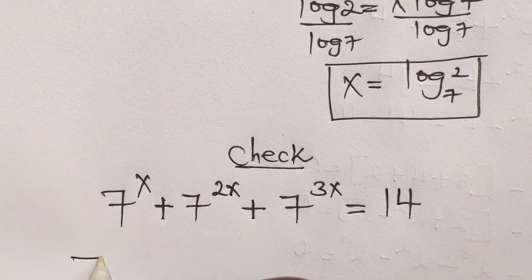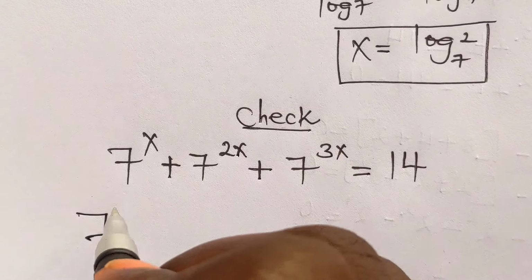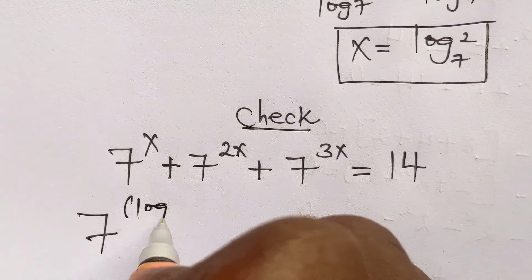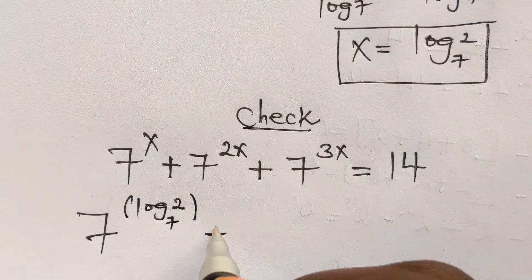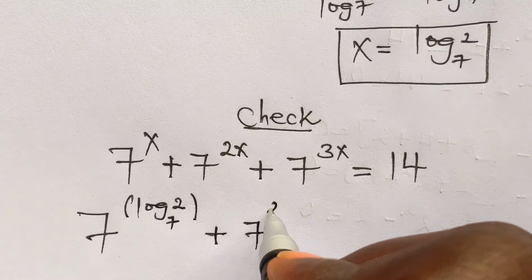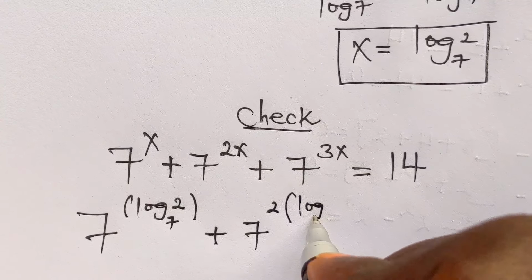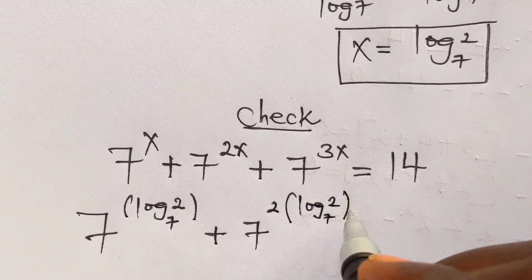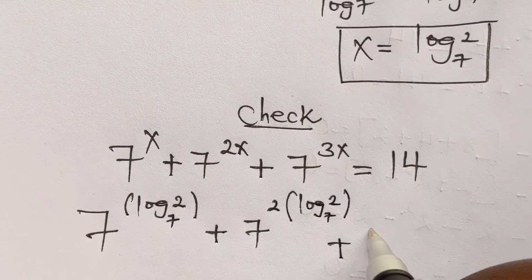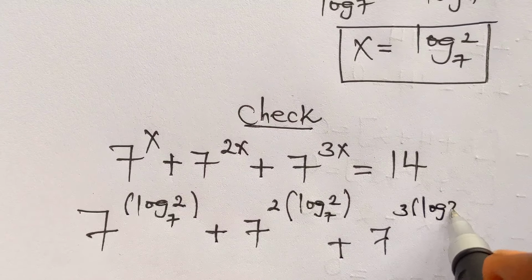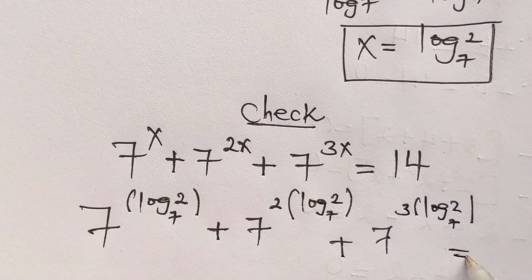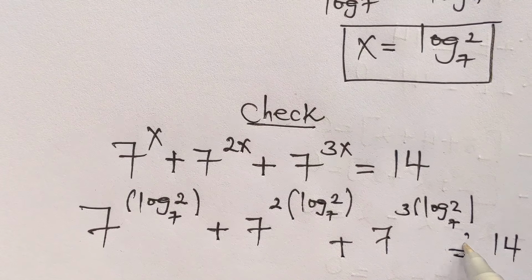Now here we have 7 power log of 2 to the base 7, then plus 7 power 2 times log of 2 to the base 7, plus 7 power 3 log 2 to the base 7 equals 14?